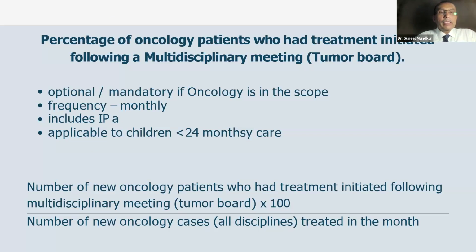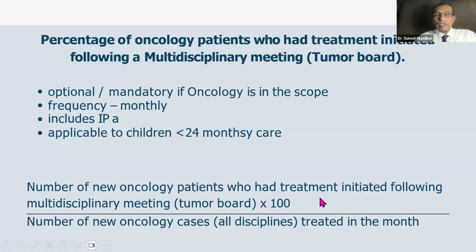Again, discussion frequency, data capturing, and data analysis should be monthly. It is applicable to inpatients only because most of these are being treated as inpatients. And if you are managing the cancer patients on an outpatient basis, they also have to be included. Sorry, this is wrong.